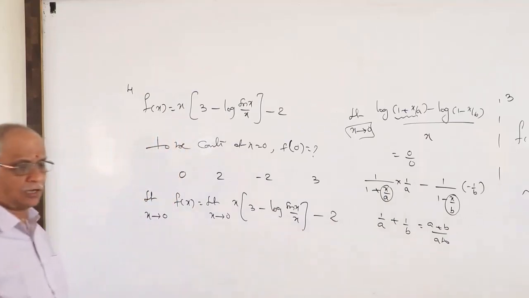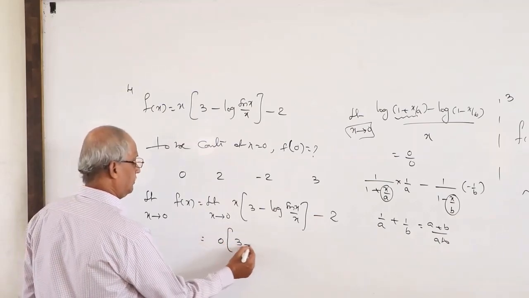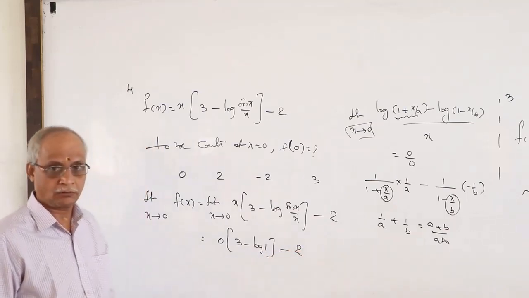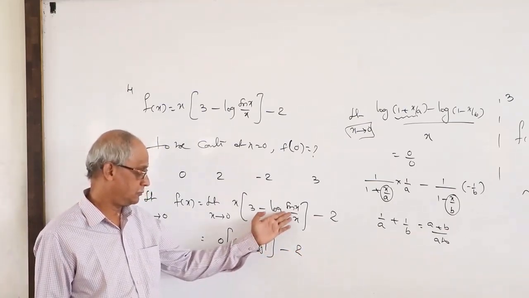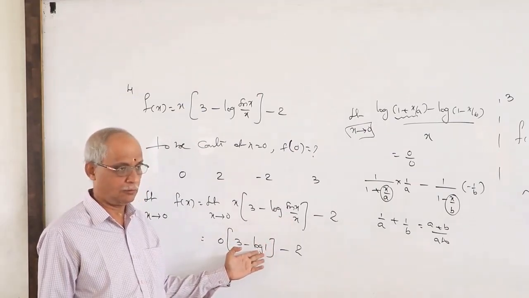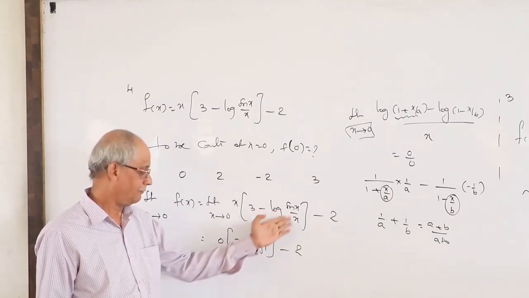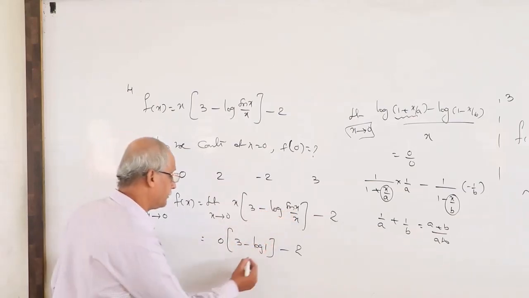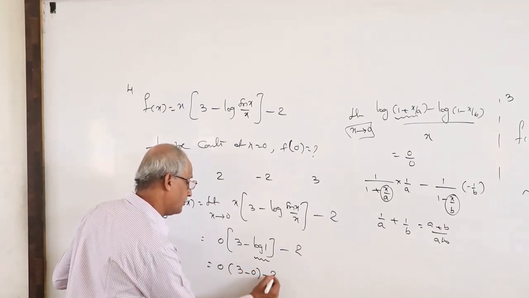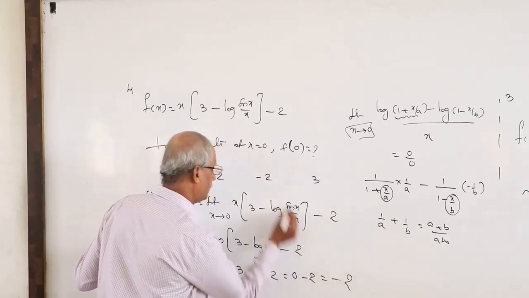Substitute x equals 0 first, finally directly. 0 into 3 minus... what is that silence meaning? Standard limit theorem: sin x by x is 1. What is log 1? 0. 0 into 3 minus 0. Finally, 0 minus 2. And finally, therefore, minus 2.